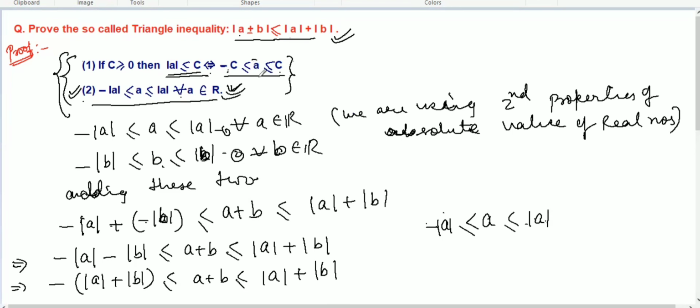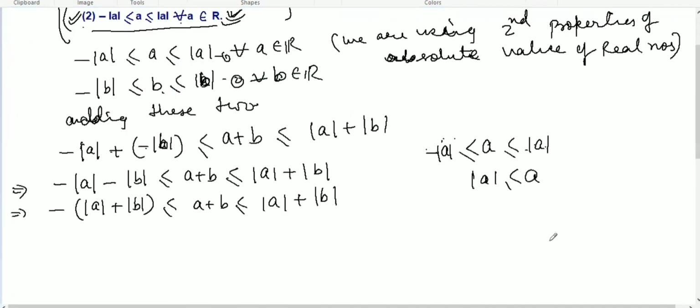The absolute value of A will be this C here. See, minus C less than equal to A less than equal to C. So what is the conclusion here? The absolute value of A is less than equal to both sides, what is the both side? C. So here this absolute value of A is less than equal to both sides, which is A.